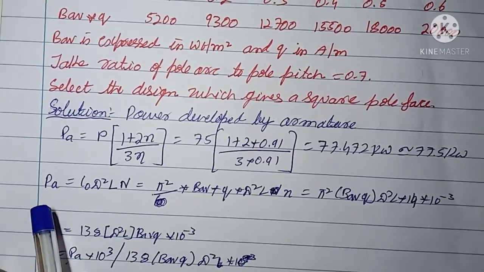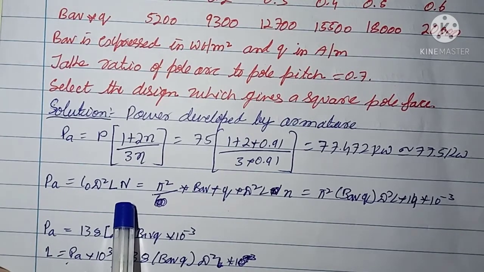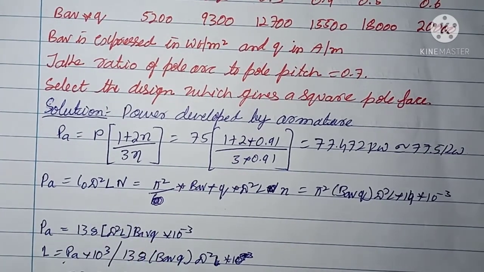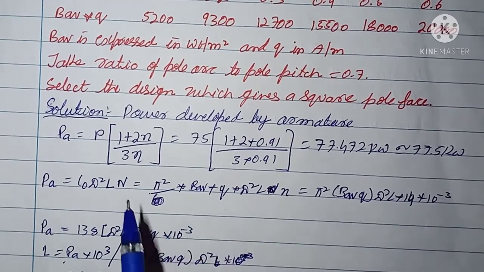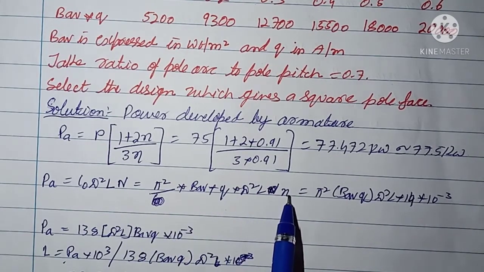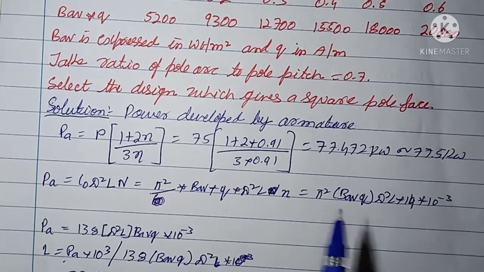Right, so PA is equal to C naught d square L n. Here we will use the small n, which is nothing but capital N divided by 60, so that is cancelled. So I'm taking the small n, that is the revolutions per second, and that is the change made here.